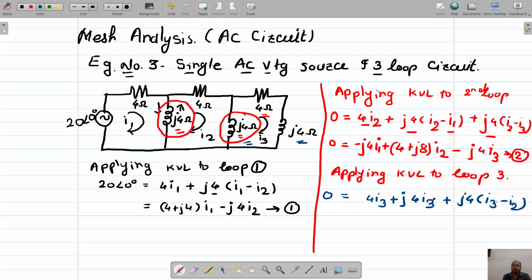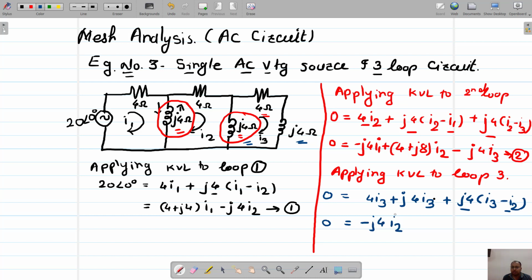Is this okay? Fine. Let us rearrange it then. 0 equals, there is no I1 term in this equation, so we start with I2. J4 into minus I2 results in minus J4 I2.